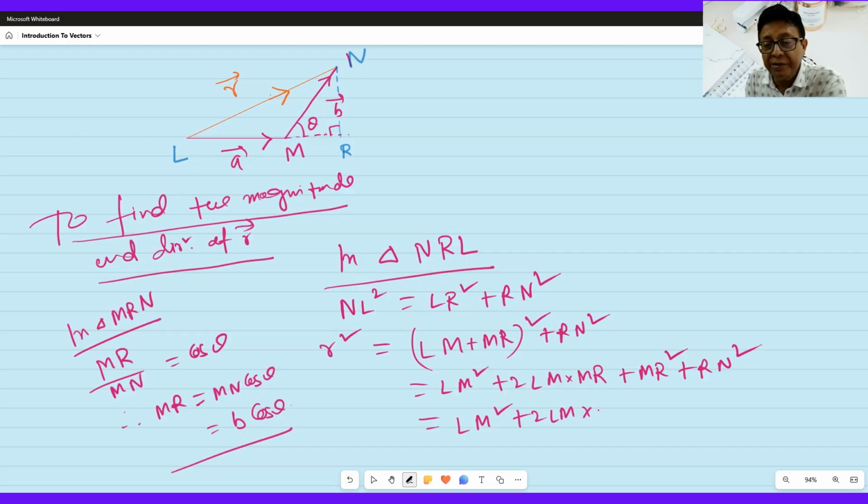You substitute there. MR is MN cos theta. Also in triangle NMR, what do you observe? We can use Pythagoras theorem there also.